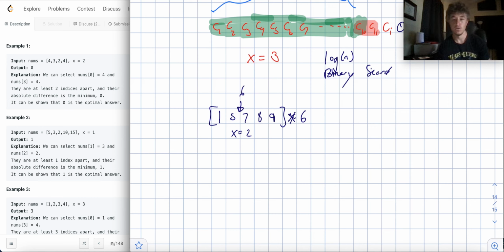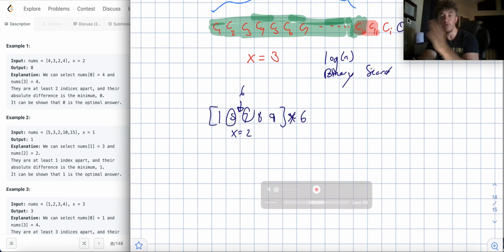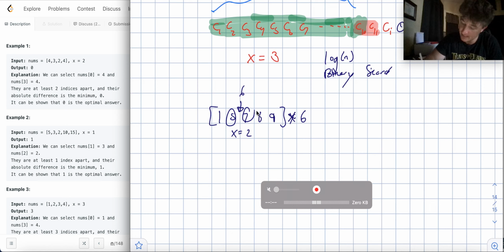So instead of going through the whole system, we keep a sorted, delayed array, and then we add in new elements as we go through. In doing binary search in log n time, we can find where we're supposed to go within the system. And this can be done easily.